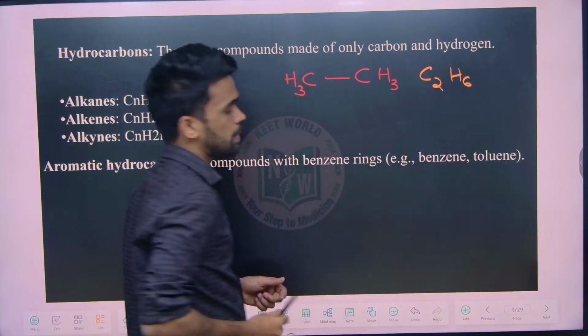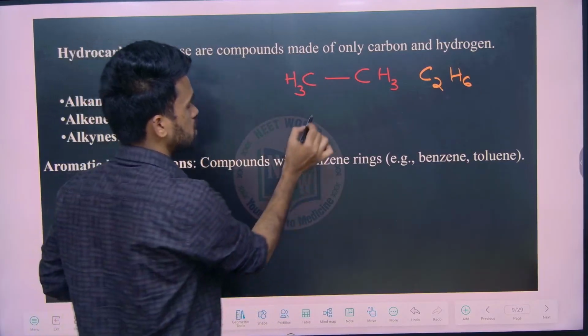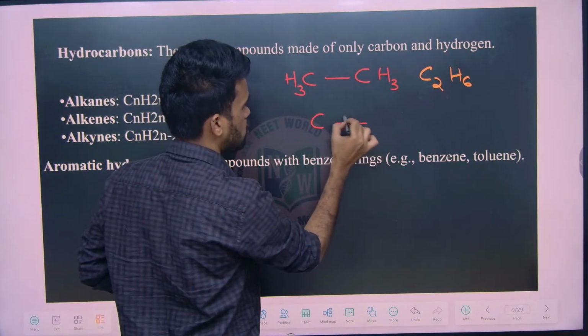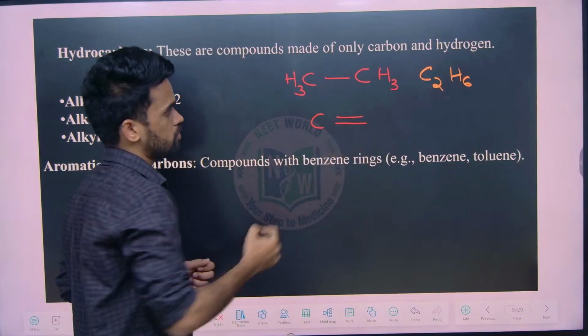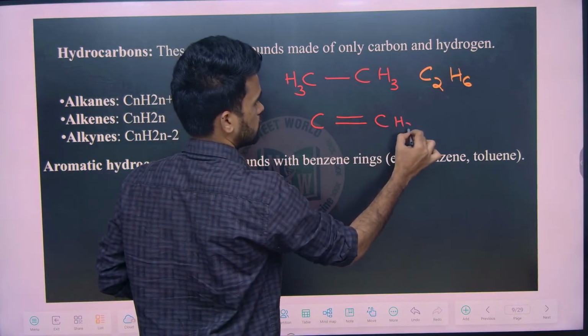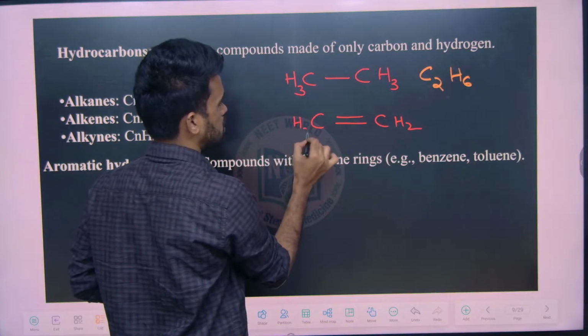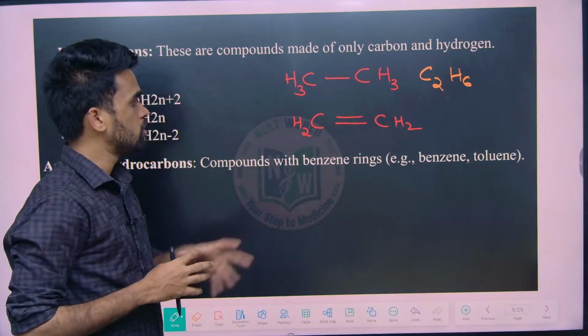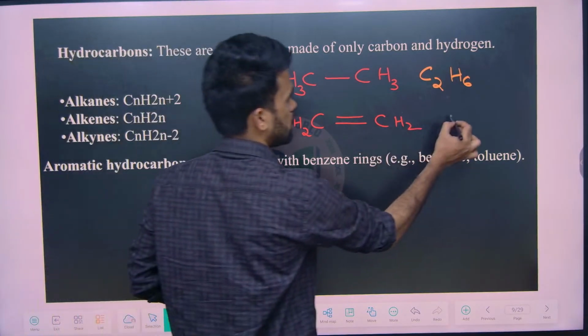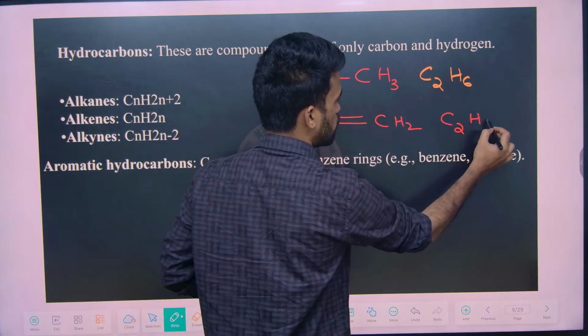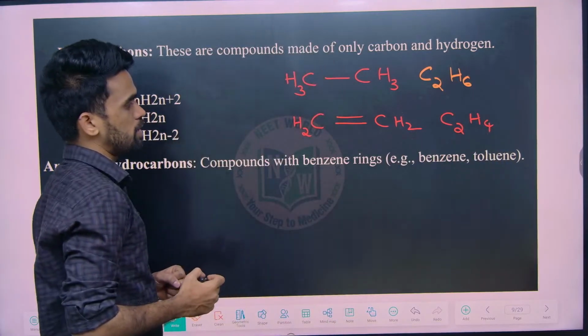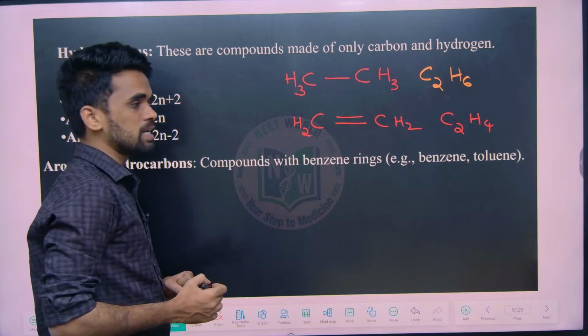Now write it in the generalized form: C2H6 we got. With 2 carbons I am making an alkene. For an alkene, there should be one pi bond, and balance the remaining valencies with hydrogen on each carbon. So here the formula is C2H4. Now let us make an alkyne also.